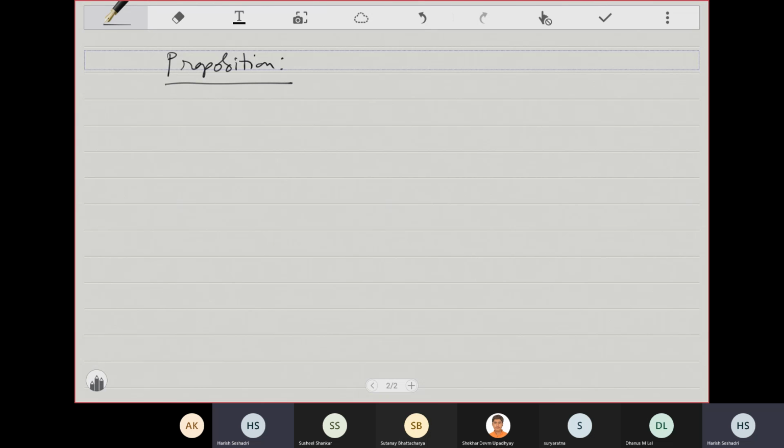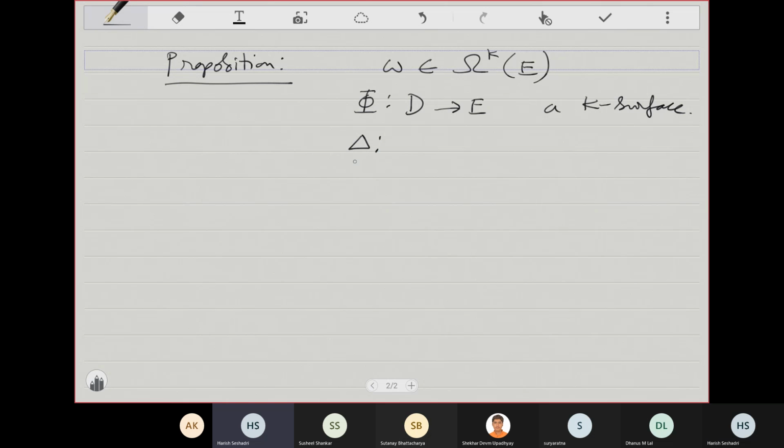So the statement is like this: omega is a K form on an open set E. Phi from D to E, a K surface. And then now this is the part which might be a bit confusing at first, but you'll see why this is introduced.